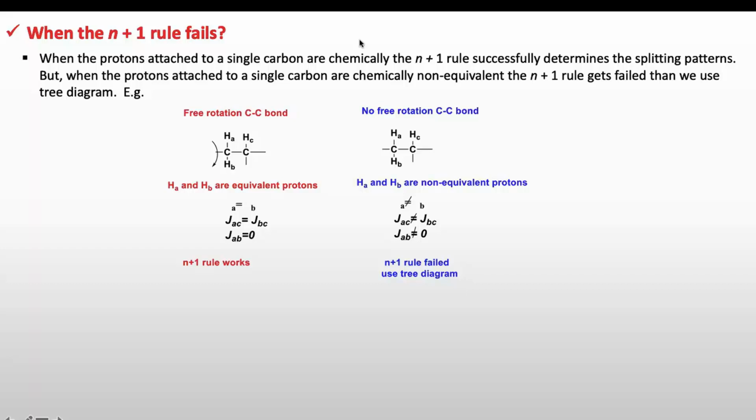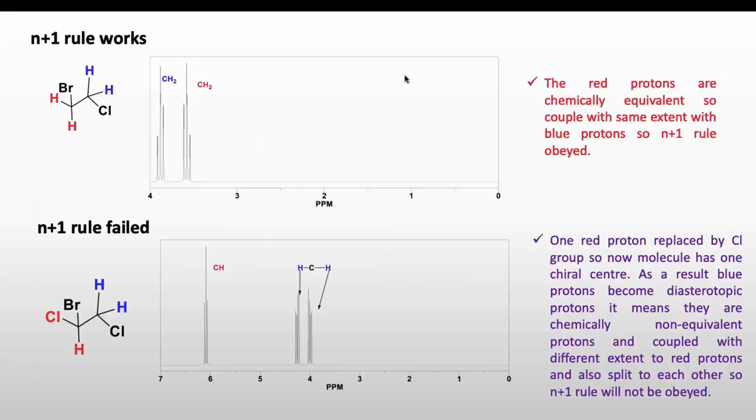So we have seen the example of diastereotopic protons where the n+1 rule will not work, or vinylic protons on a vinylic carbon, which are also chemically non-equivalent. Let's see the example of these two molecules. In this molecule, the blue protons are chemically equivalent and the red protons are chemically equivalent, so they will couple to each other by the n+1 rule, and we can easily calculate their splitting pattern.